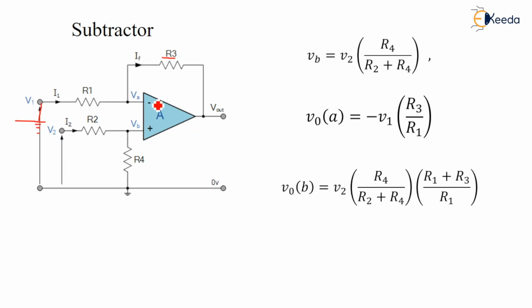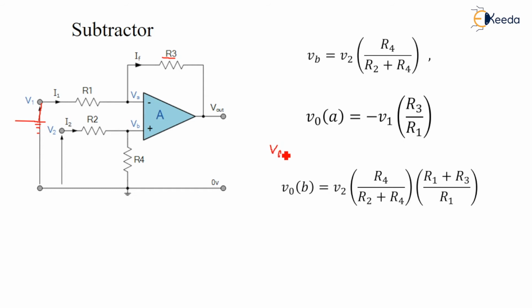This is which type of configuration? It is nothing but a non-inverting amplifier. So we know in a non-inverting amplifier, the gain is equal to 1 plus RF upon R1. Here RF is R3.